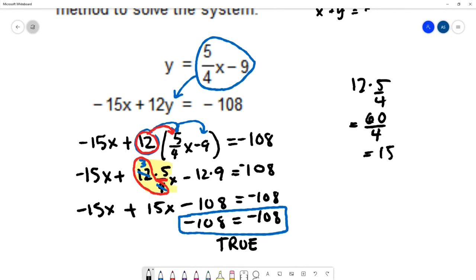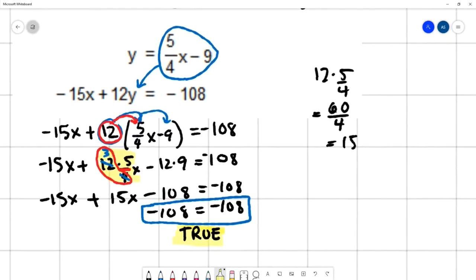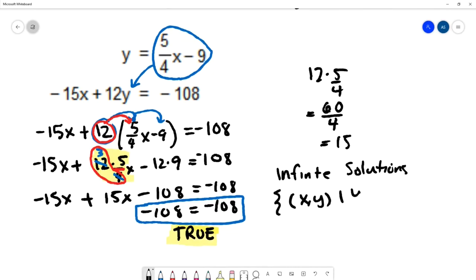Okay, so getting back to here, we've decided that last statement is a true statement. And because we have a true statement, I know this system has infinite solutions. And I can write it in set builder notation, all ordered pairs, such that y equals 5 fourths x minus 9.